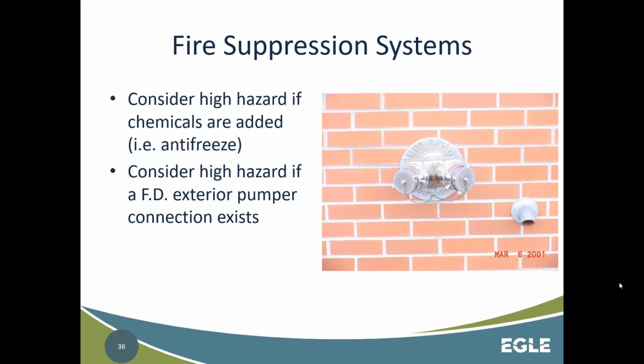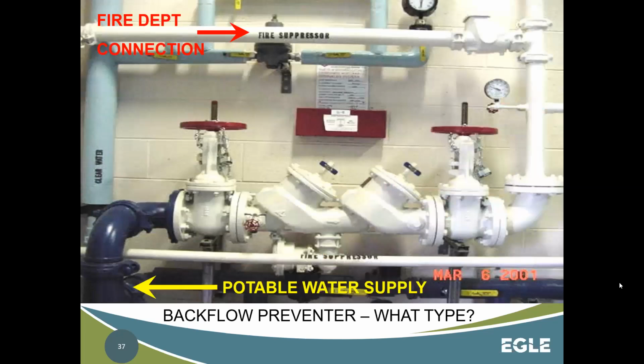So in this case, we have a fire suppression system, and it is being protected with an RPZ. Again, one of those things that Scott had shared previously when he was going through our different types of backflow preventers.